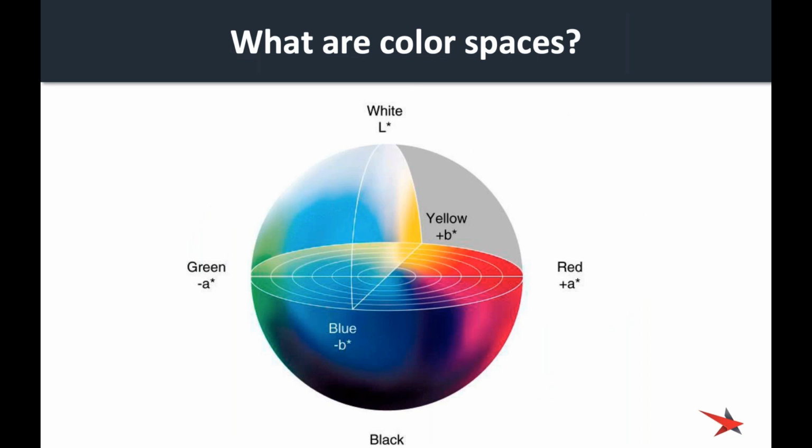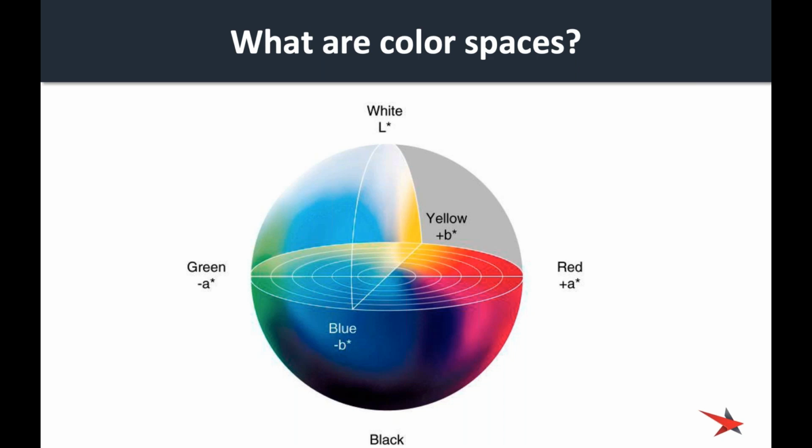What are color spaces? Color spaces are important because by using a color space, it's possible to assign a numerical value to most colors. The industry standard, and this was invented somewhere around the 1940s, for measuring and calibration is called CIE LAB color space, sometimes just called lab space.